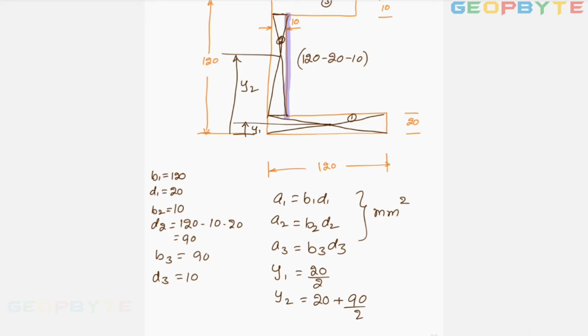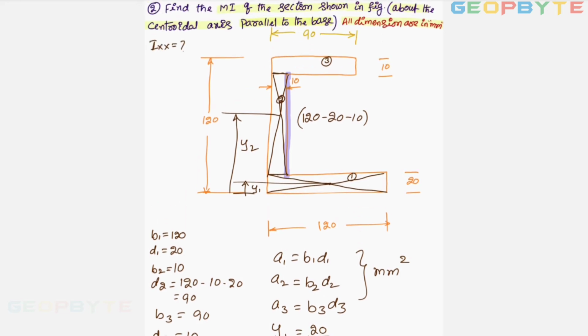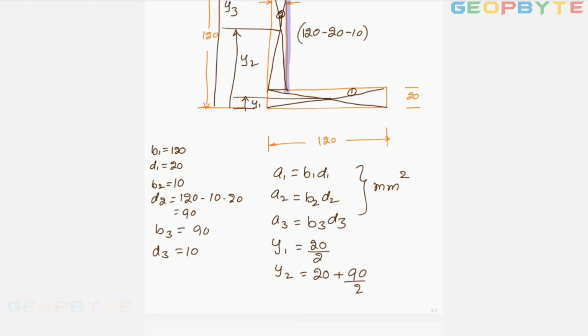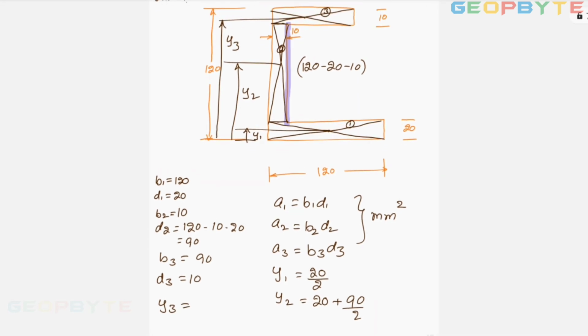Okay, y2. Now y3. Join the diagonals for section 3. Wherever those are meeting, that is the centroid. For that, this is the y3. Tell me what is the y3? y3, 1 minute. Let me write the y3 somewhere here. y3 equal to this whole distance.